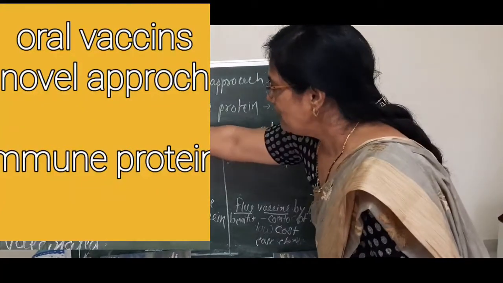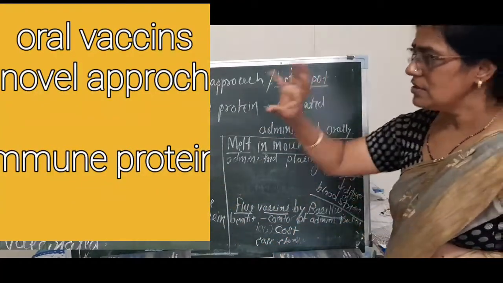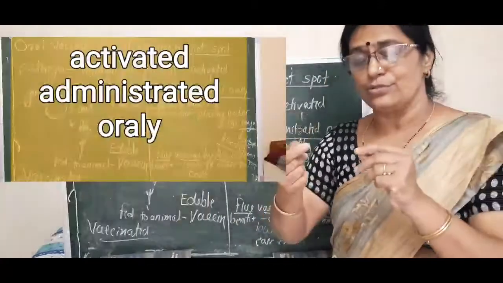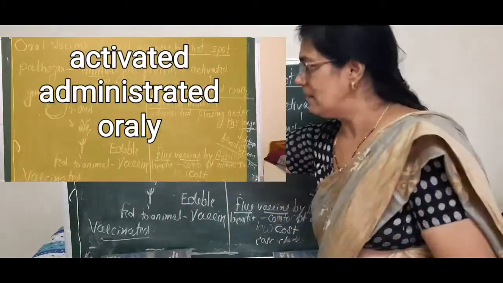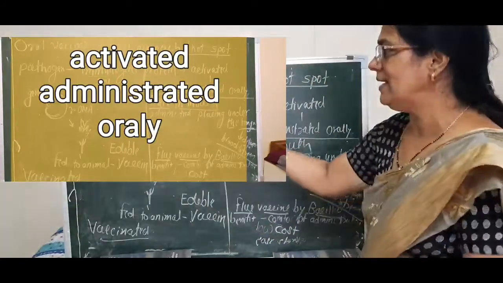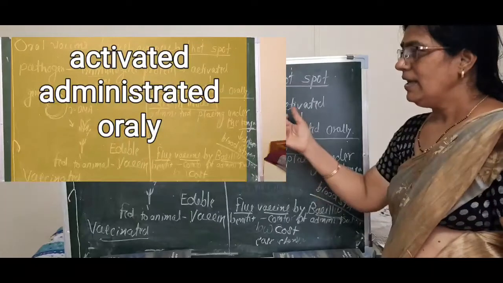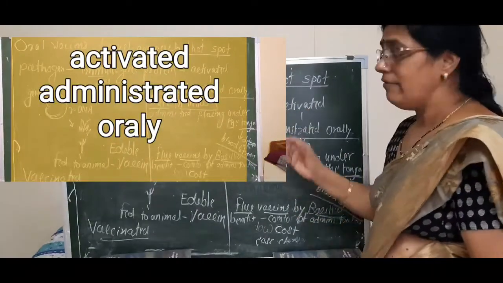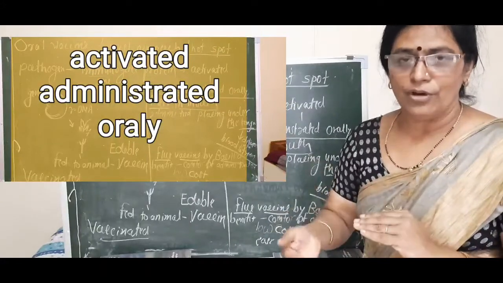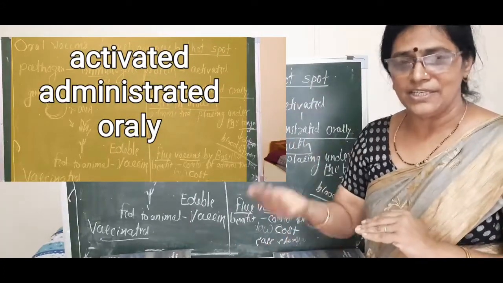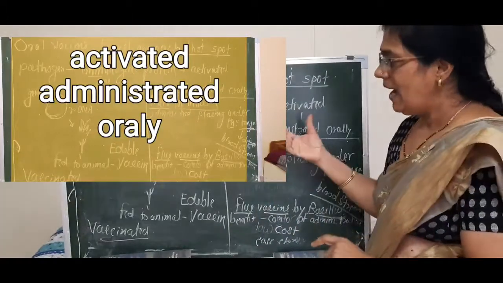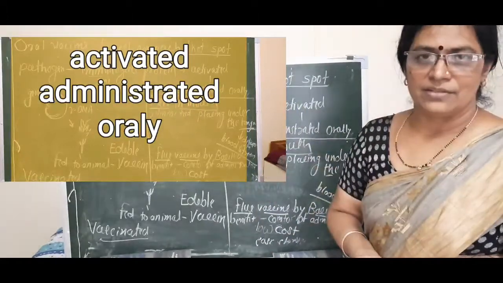You know that on the surface of the pathogen, the immunogen protein is present. Against that, there is a gene which produces the immunogen protein. And whenever it is activated, when such a pathogen is administered orally, it becomes activated and produces the disease.